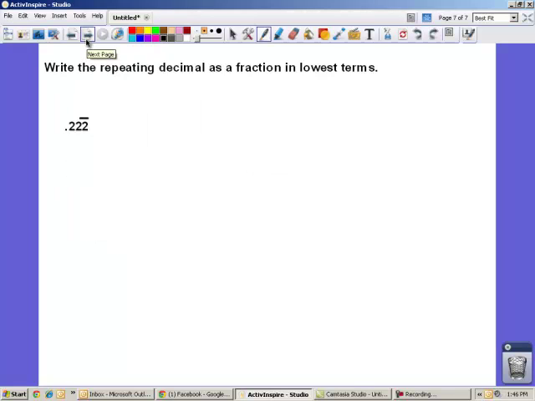All right, now the last type of problem says write the repeating decimal as a fraction in lowest terms. We're going to set this up so that it looks like a pattern. And if you think about it, we have the number 22 with a repeating 2. So we have 22, and that 22 is in the hundredth spot. So if we multiply this by 0.01, because that's the hundredths, that's how we would get 0.22.